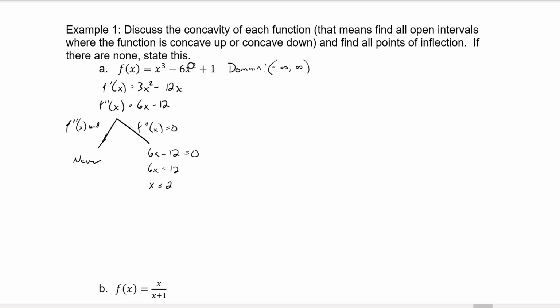So now we're going to check the second derivative the same way we checked our critical values in the first derivative for intervals of increasing, decreasing. Now we're going to check the sign of the second derivative about our possible point of inflection, x equaling 2, to get our concavity. So the exact same method of thinking. Draw out an interval.